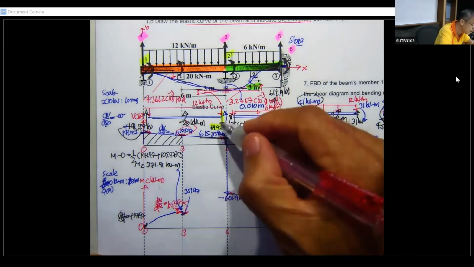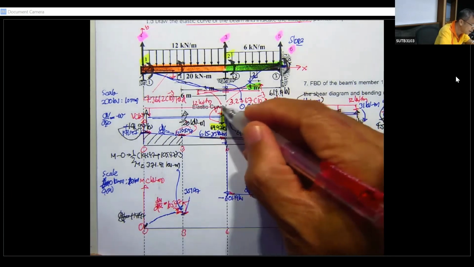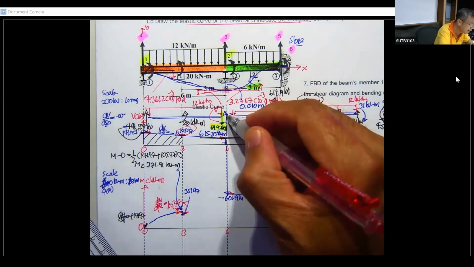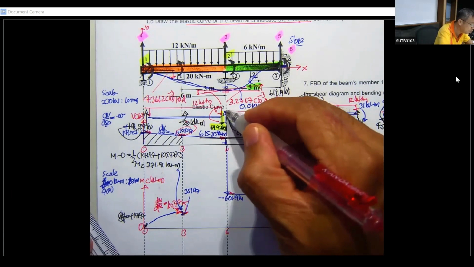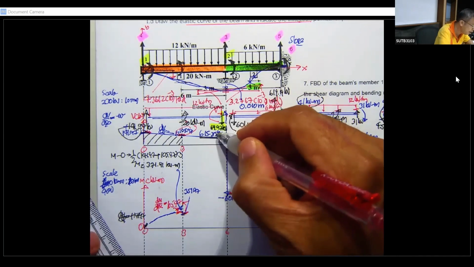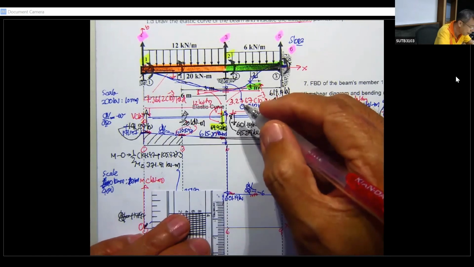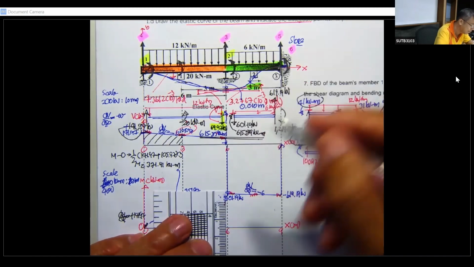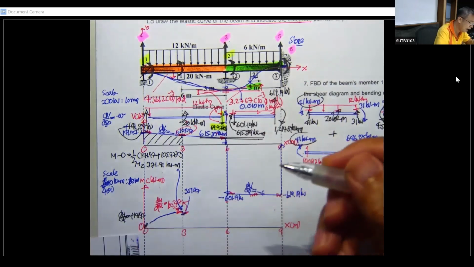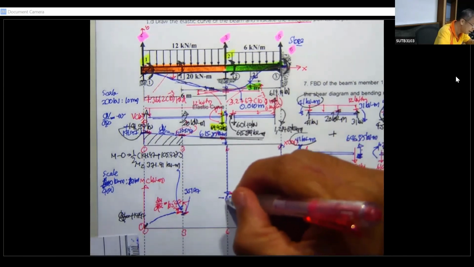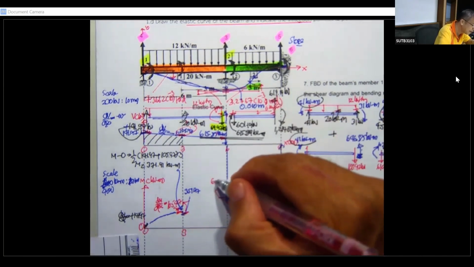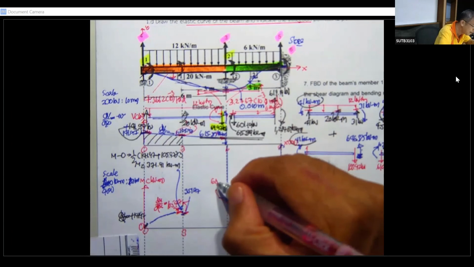And the moment here, don't worry, the moment here and moment here in the head and head is positive 615.85. Okay, that is about 1.5 centimeter about this, and just put this one 615 point.